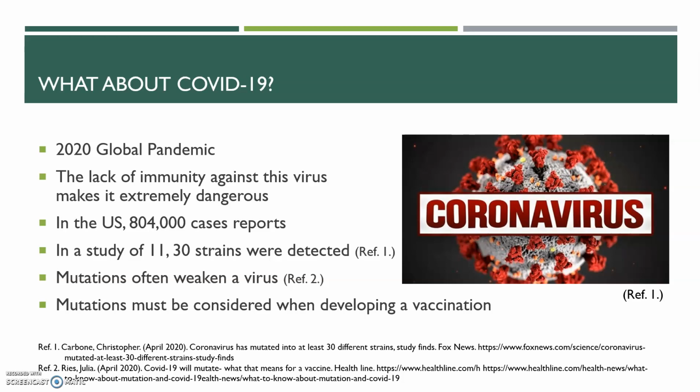It's been reported since the 1960s, and since 2003, there have been at least 5 new human coronaviruses that have been identified. In a study reported by Fox News, 11 randomly selected COVID-19 positive patients were researched, and over 30 strains of this COVID-19 virus were detected.